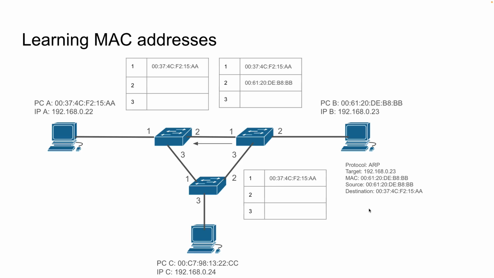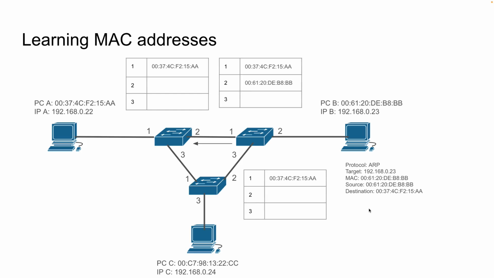As the upper right switch receives this frame, it learns its source MAC address and associates the MAC address with port number 2. It then forwards the frame in a unidirectional way because the destination MAC address is known from the local MAC address table of the upper right switch.